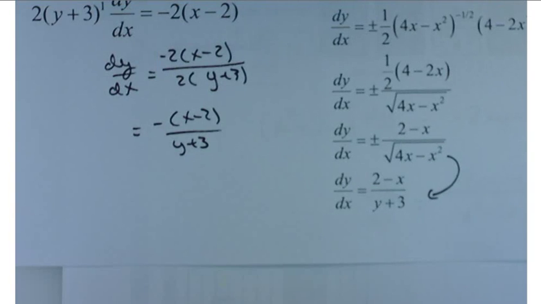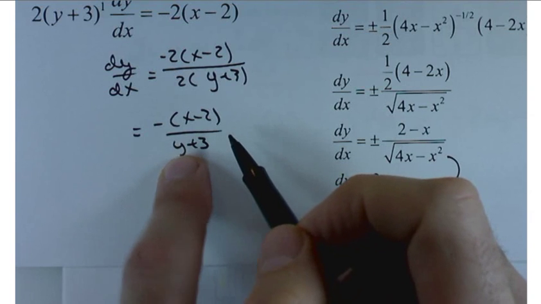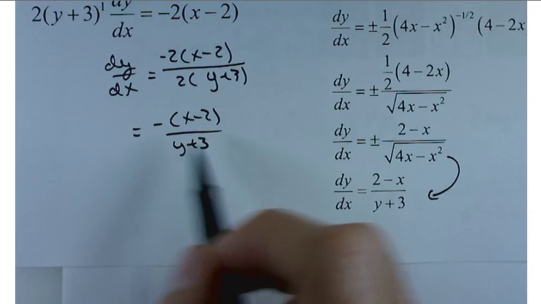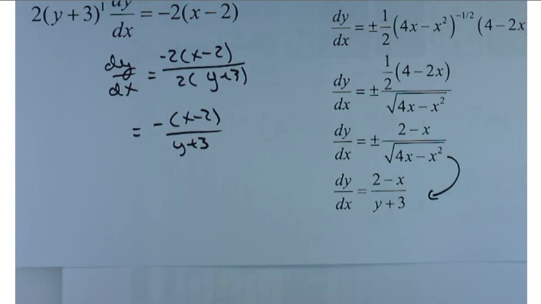Are we okay with the calculations here? Let's remind ourselves of something about the derivative. What does the derivative measure? What does it tell you? Slope of the tangent line at any given point. Nice. Now, let's look at the form of the derivative here, the implicit form. Can you see that there's going to be a problem someplace? Where is there going to be a problem? y equals negative 3, right?